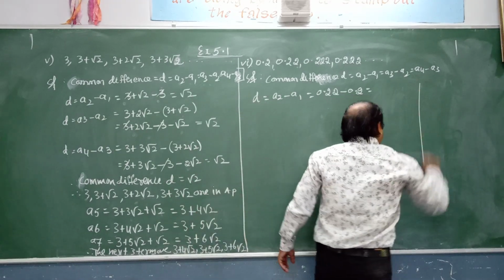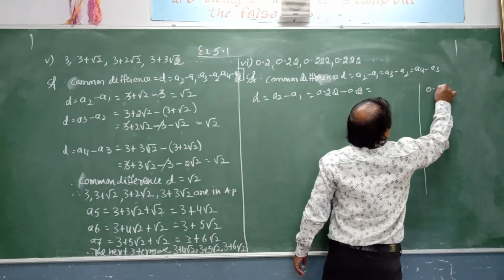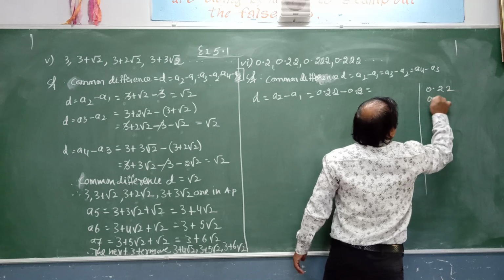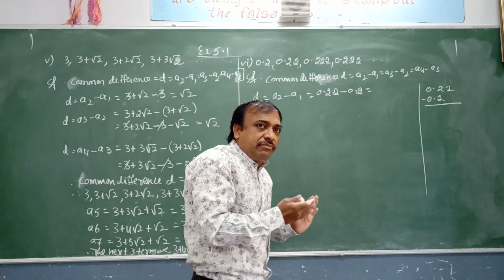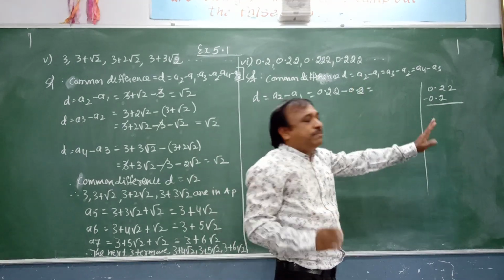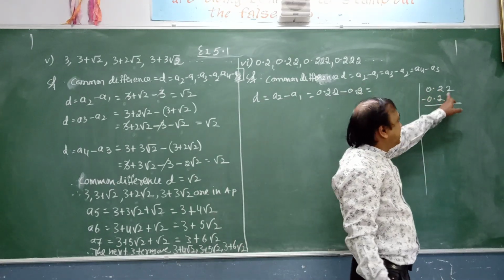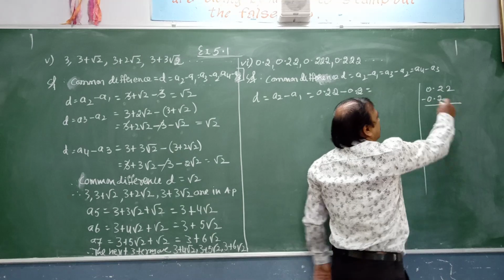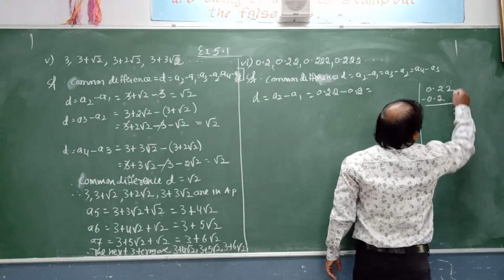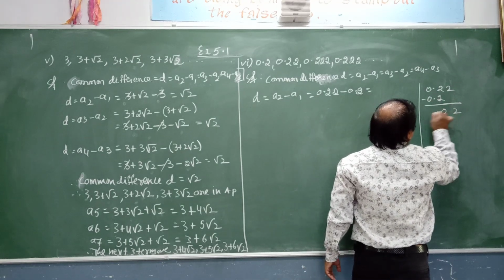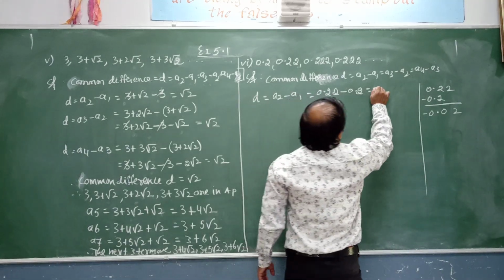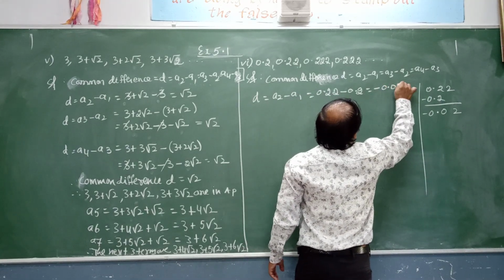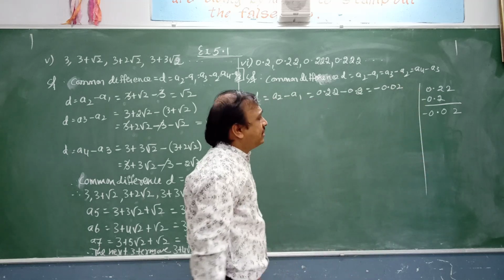See here, 0.22, 0.2. When you subtract, whole number under the whole number, decimal part under the decimal part, first the tenths place, then the hundredths place. So this gives 0.02.